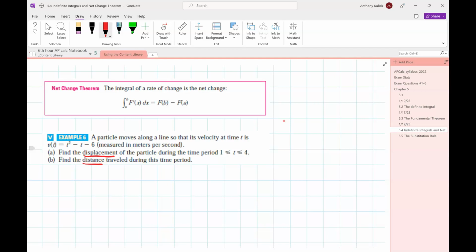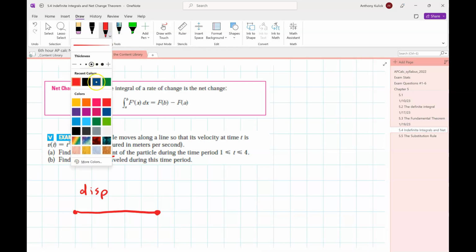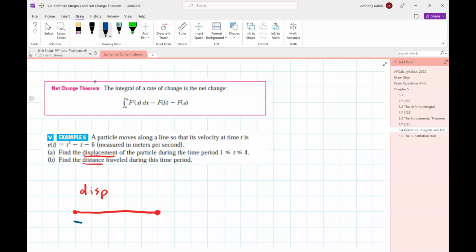So displacement versus distance again. Let's say that we're just traveling back and forth between these two values. And we do this. And then we turn around and do that. And then we do this. And we turn around and do that. The displacement there would be 2.